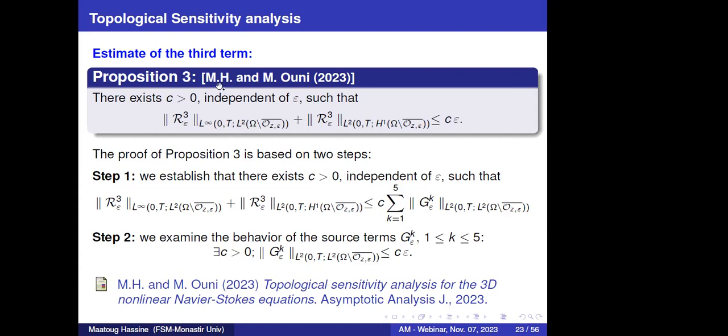The proof of this result is based on two steps. In the first step, we establish that there exists a positive constant independent of epsilon, such that the norm is less than or equal to this sum. Then we determine the behavior of each term with respect to epsilon.